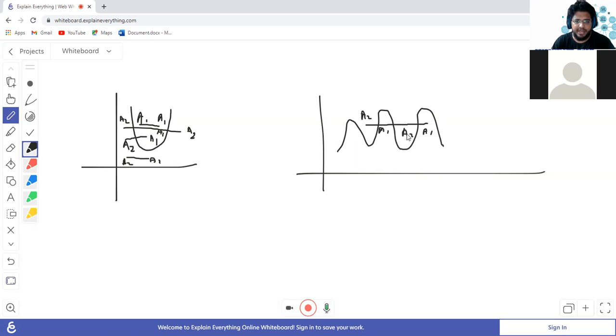So A2, A1, A2, A1, this pattern is only possible in case of a non-convex function. All the other patterns are possible in both the cases. Area 1 means, you understand, right? This total region under the graph is called area 1. And outside the graph is called area 2.